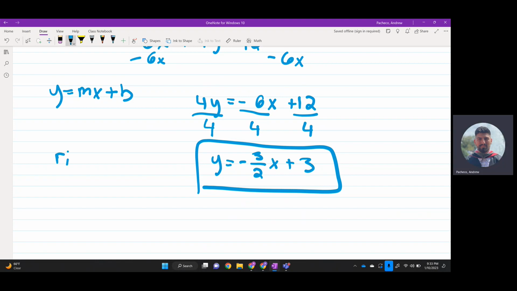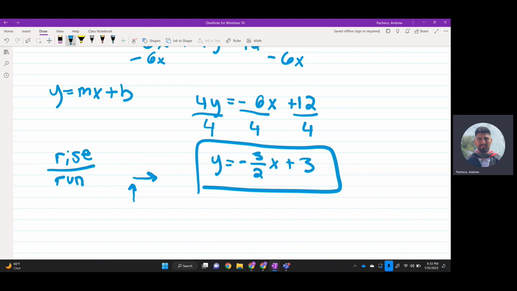Anytime you have rise over run, that top number is how far up and down we're going. That bottom number is how far left and right we're going. If there was not a negative, we would be going up and to the right.